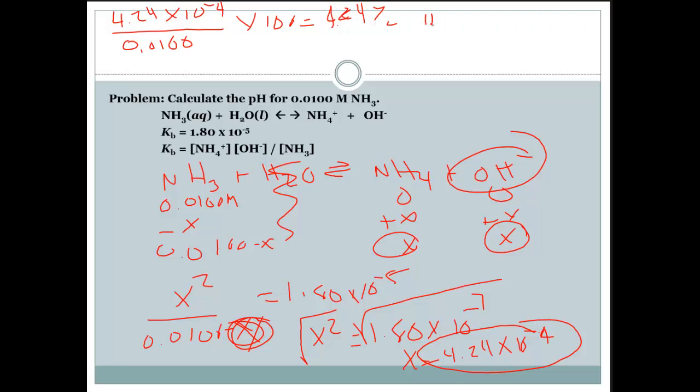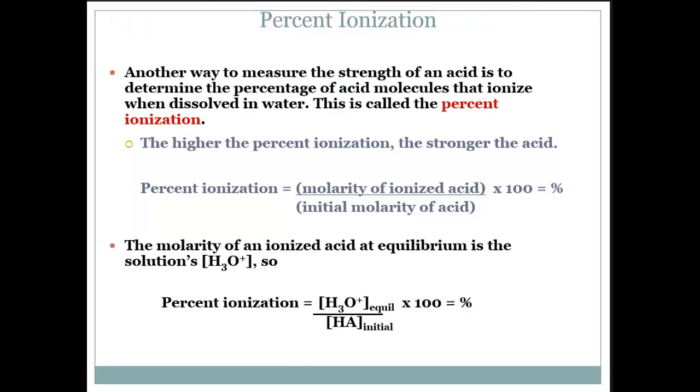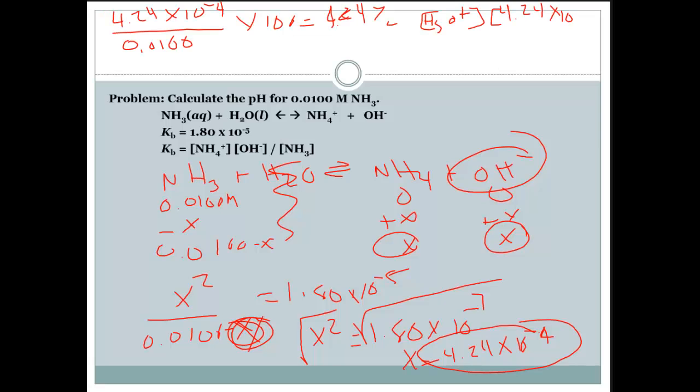So H3O plus times 4.24 times 10 to the negative 4 is going to equal 1 times 10 to the negative 14.